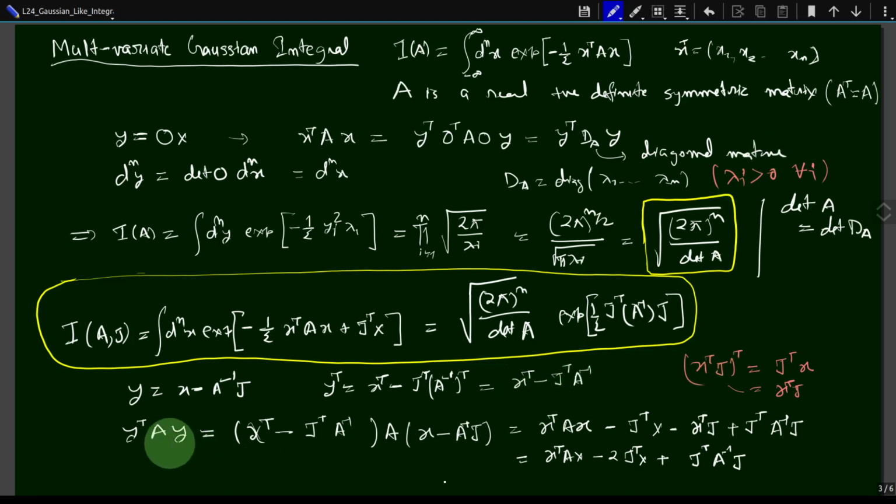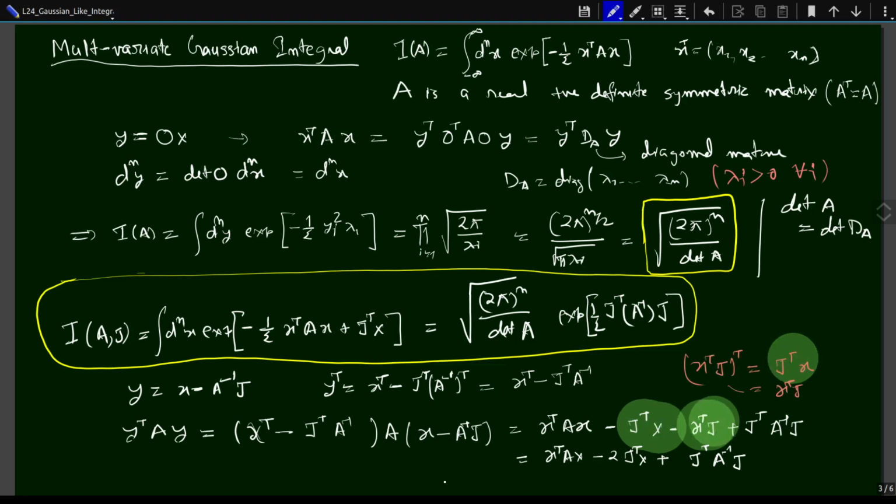Then when I write y transpose Ay, I expand this, and these two terms, j transpose x, which is a number, and x transpose j, which is also a number, are equal, because if I take the transpose of a number, it's the number itself. So x transpose j whole transpose is x transpose j itself. But if I use the property of matrices, then it is just this.